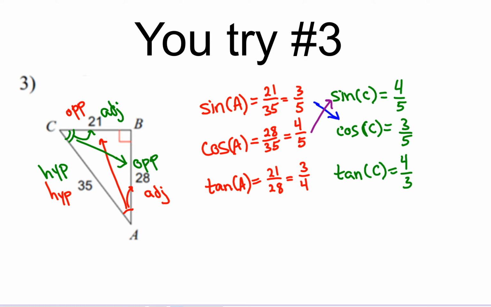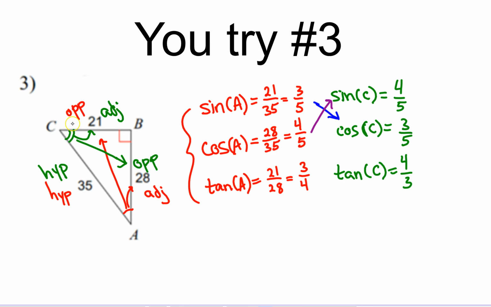All right, so here are the answers that you should have gotten for this. Again, guys, all I did was identify the opposite, adjacent, and hypotenuse for angle A, so these ones, and then once I found that out, I used my trig ratios to figure out these fractions here.